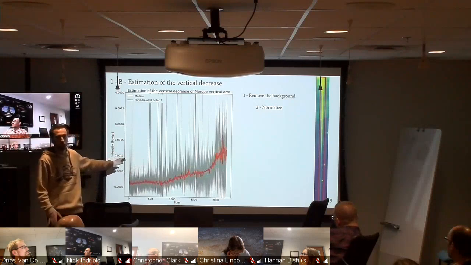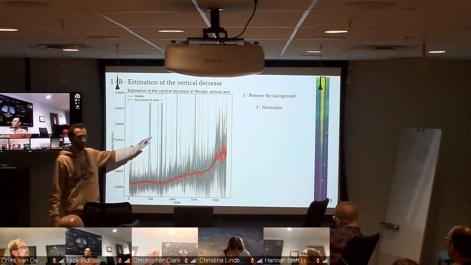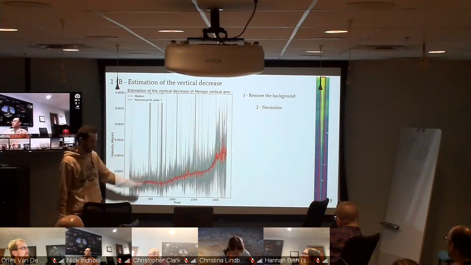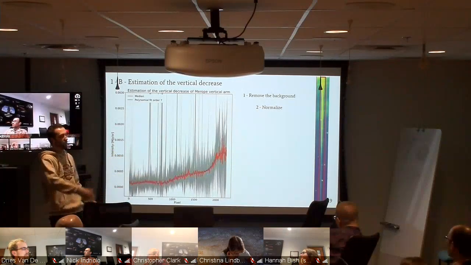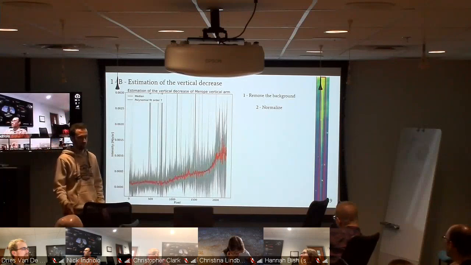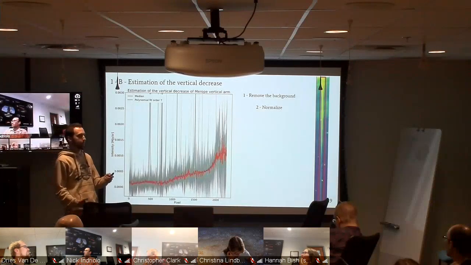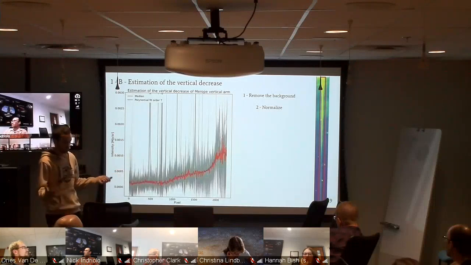I take the median of those, which gives the red one, and I fit it with a polynomial to get the blue lines. So here I have the vertical decrease all along the axis, and it allows me to have the normalized arm.